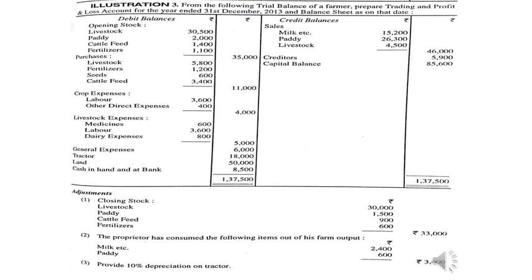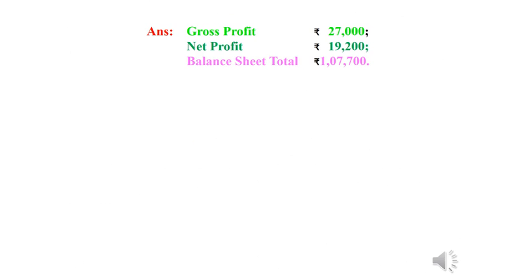It is given trading and P&L account. Therefore, you can club all the activities, crop and livestock, and record it in one column only. No columnar accounts have to be prepared for this problem also. Answers are given: gross profit, net profit, balance sheet total.